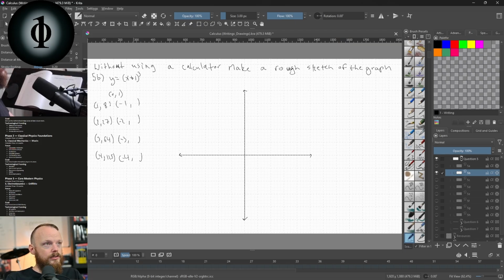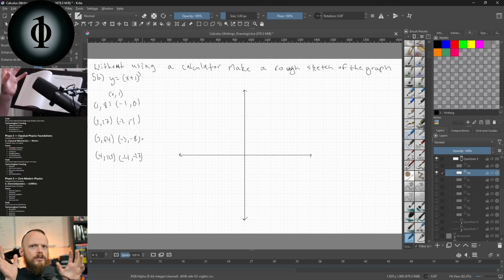So -1 is 0. So it's only going to behave that way in the positive domain. -2 plus 1 is -1 cubed, which is -1. -3 plus 1 is -2 cubed, which is -8. -4 plus 1, -3 cubed is -27.